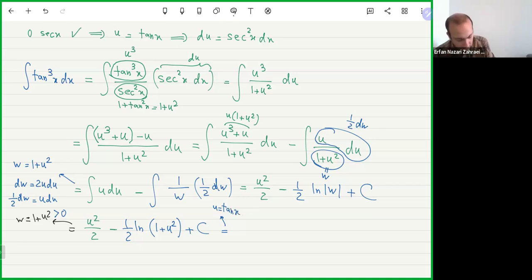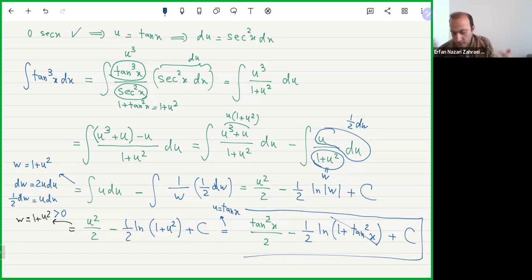If you do that, you get tangent squared x over 2 minus half of ln absolute value 1 plus, u is tangent, so it's 1 plus tangent squared x, plus c. If you like, you can replace 1 plus tangent squared as secant squared and make things simpler.